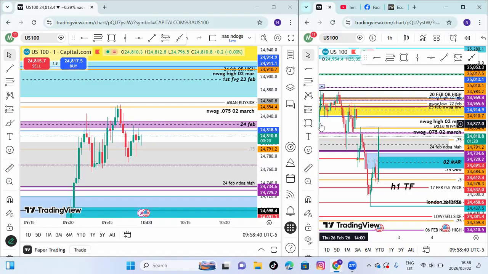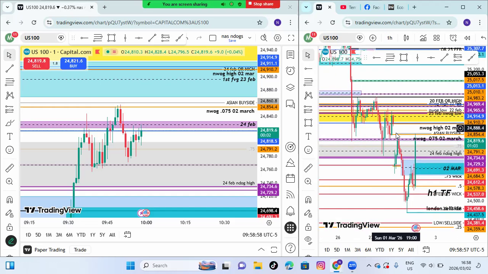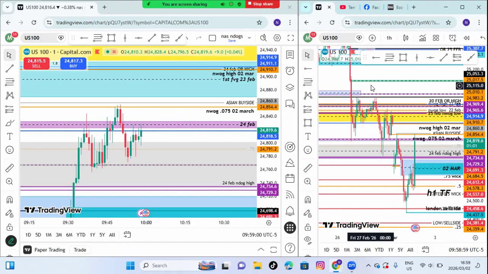So the opening range is about to end in like 2 minutes. Then we can start looking for your silver bullets and so forth. Looking at the 1 hour here, if we want to get a nice sell in here, it probably wants to take this high in here.